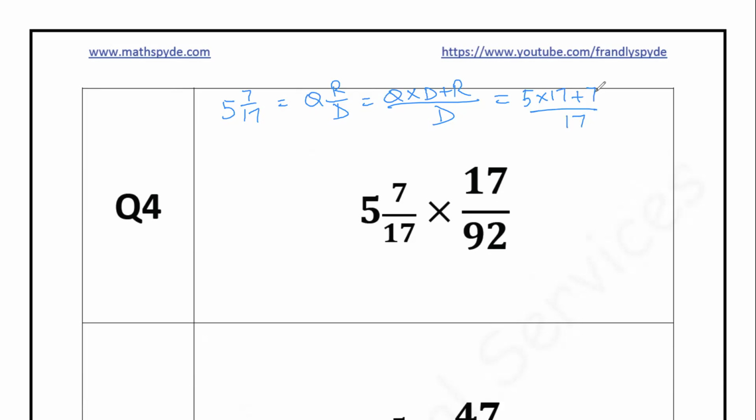So 85 plus 7 upon 17. Therefore, what we have is 92 upon 17 into 17 by 92. So that's easy. It cancels out and your answer is 1.